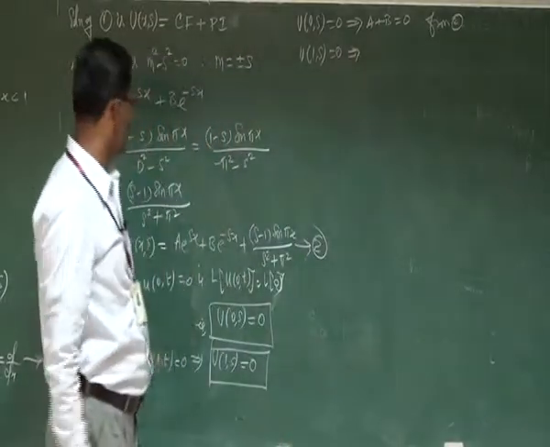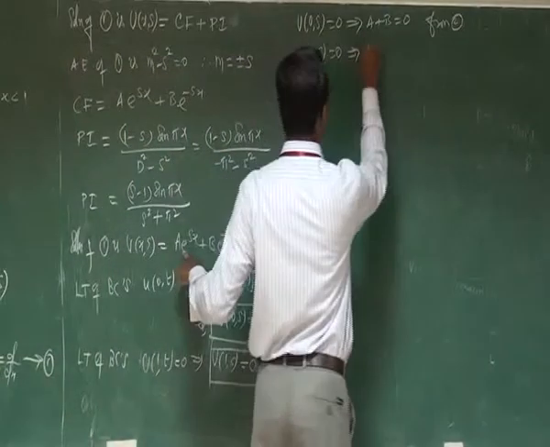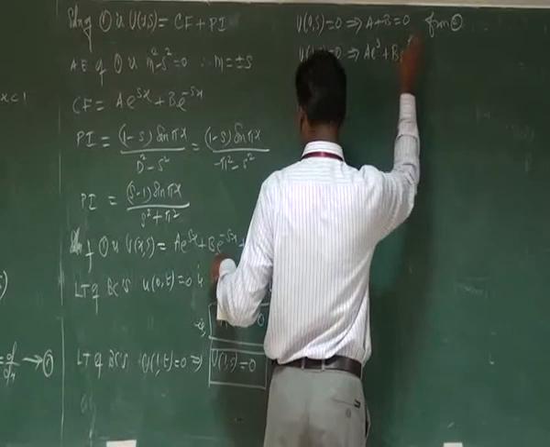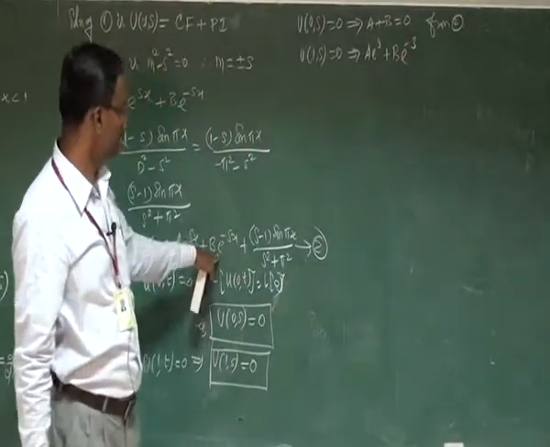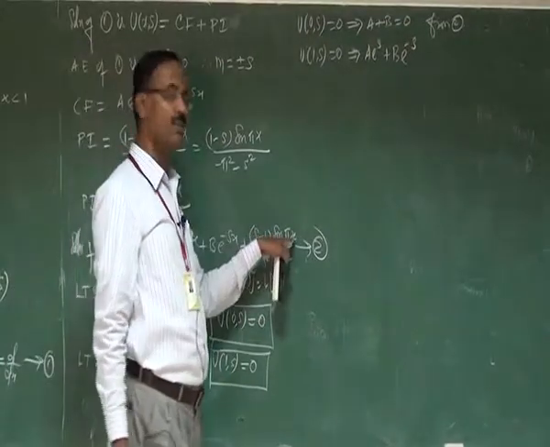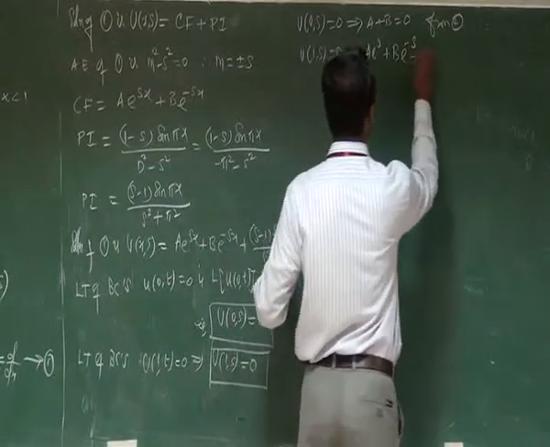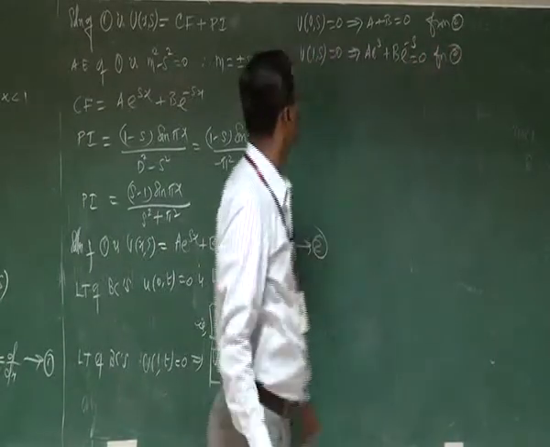That means you replace x by 1. So we get a into e power s plus b into e power minus s. When you substitute x equal to 1 here, sin pi becomes 0. So it is equal to 0 from equation number 2.